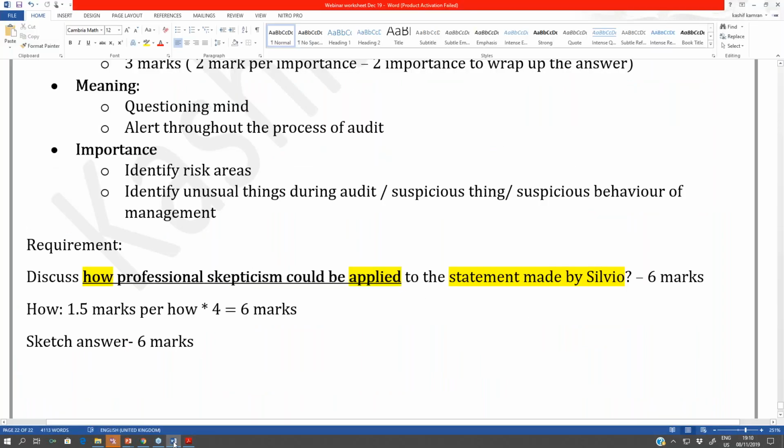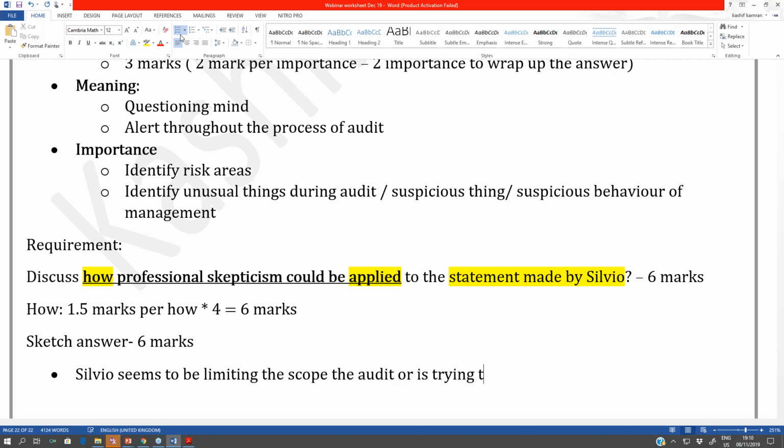So number one, Silvio seems to be limiting the scope of the audit, or is trying to conceal something from the auditor.